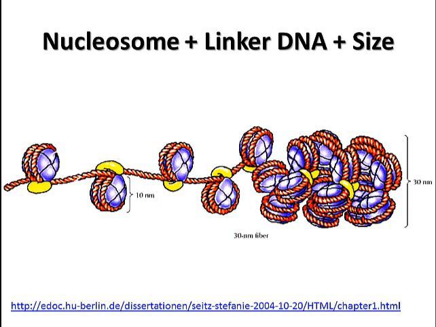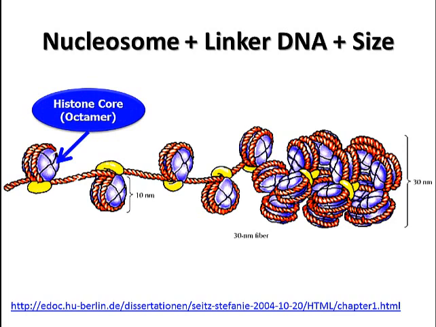Here we see the way DNA is packed and size of each item. Here you can see histone octamer, and these yellow items are H1 or histone 1. The size of linker DNA is considered 2 nanometer. In this figure, you can see why we call nucleosome the basic package unit of chromatin.